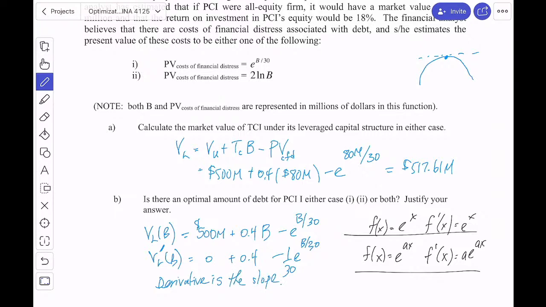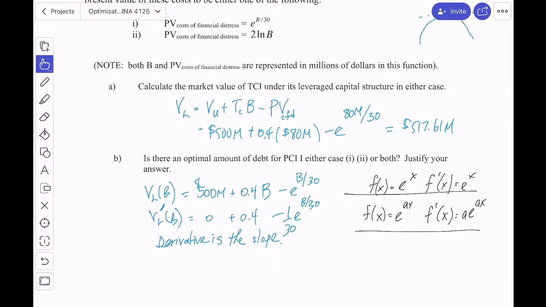It's a function of slopes, but we're just going to use one. So I'm going to set it to 0, and you're going to solve for b.